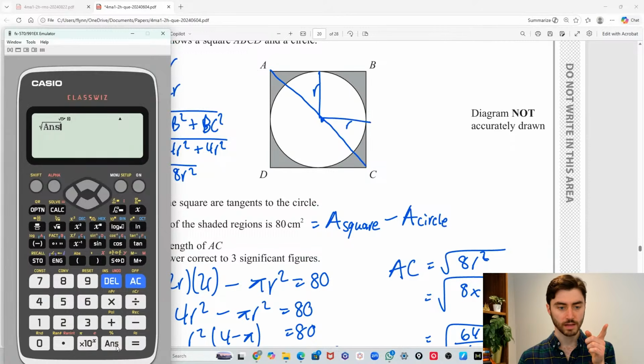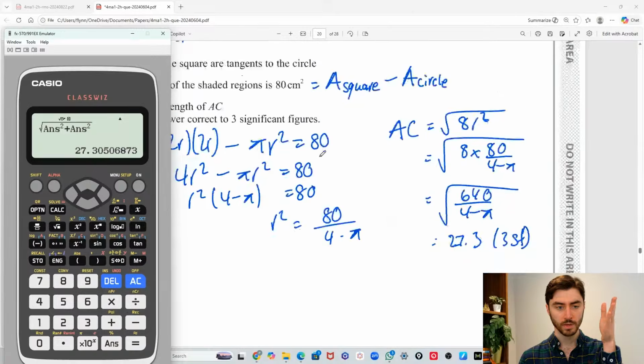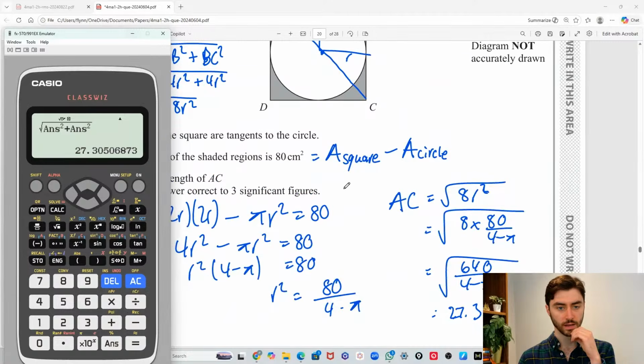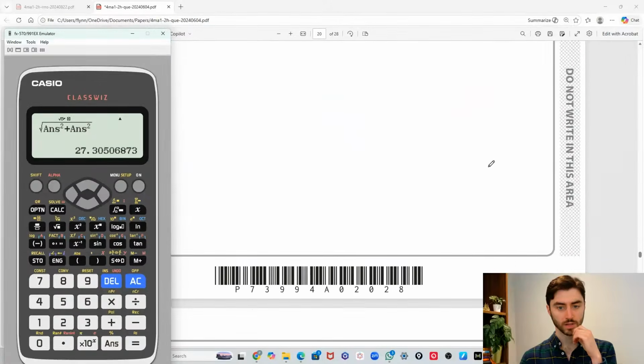Then the root of that squared for AB squared plus that squared for BC squared gives me the length of AC, which is correct. Okay.